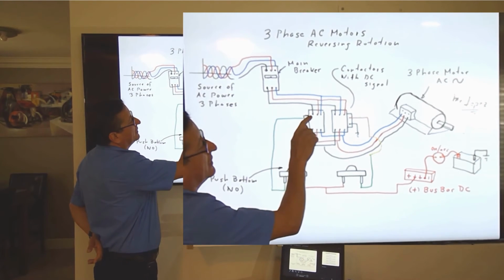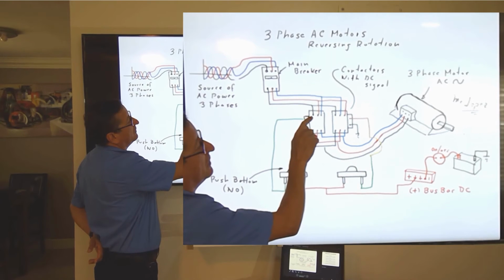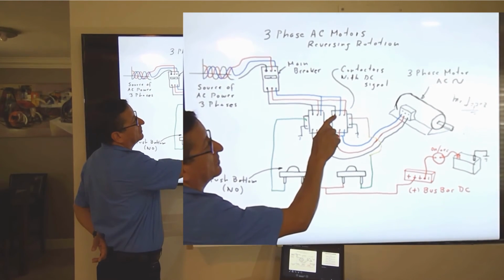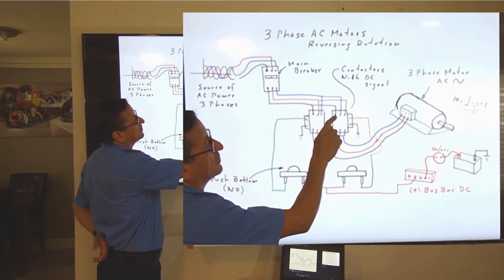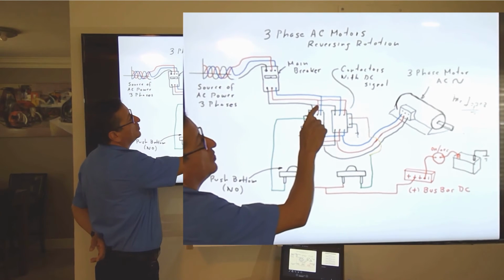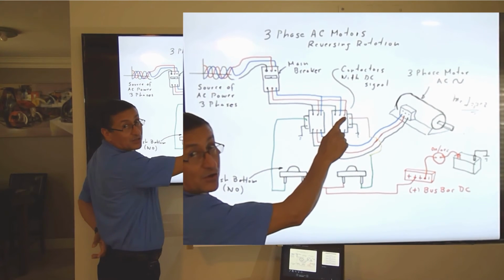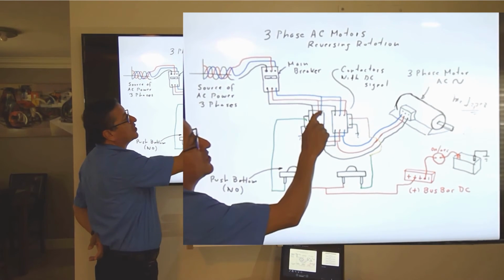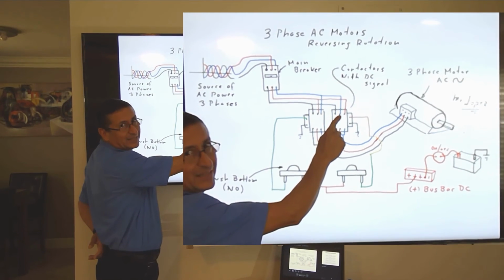The black one, the first position of the first contactor, is connected with the first position of the second contactor. Black with black in first position. The second one, the red one in the first contactor, goes into the third one in the second contactor. And the third one in the first contactor goes into the second one in the second contactor.